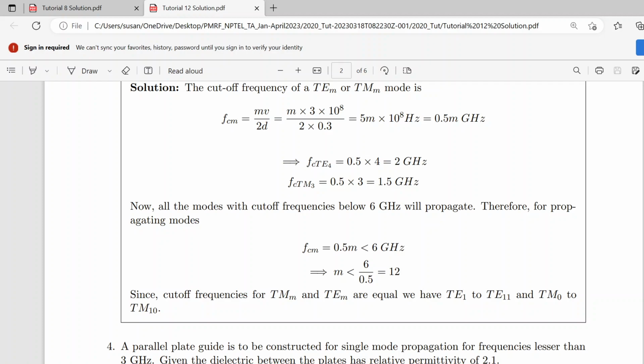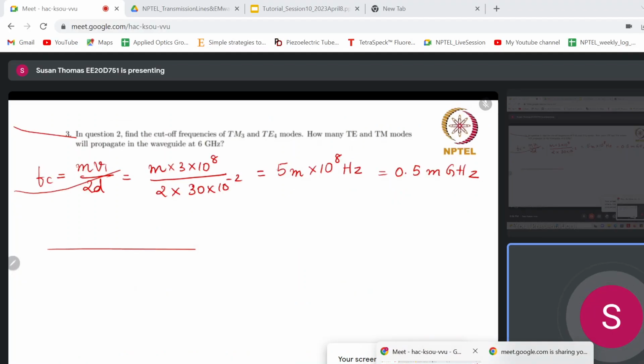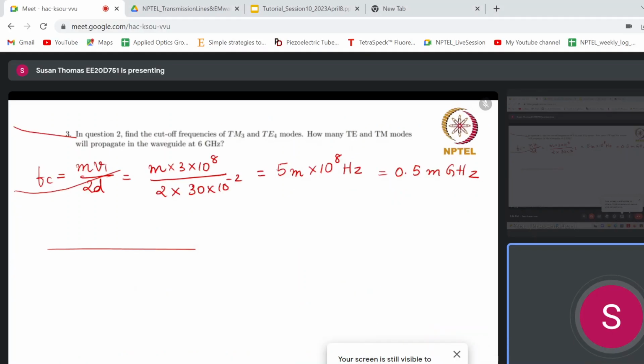Or we can write it like 0.5 m gigahertz. So for any mode m, you just substitute the value of m multiplied by 0.5, and that many gigahertz will be the cutoff frequency of that mode.